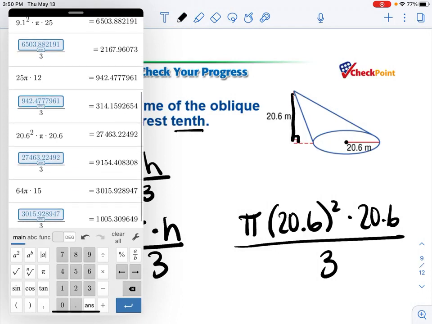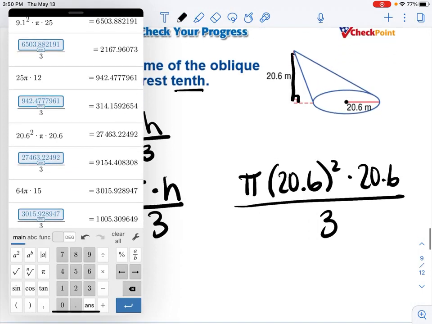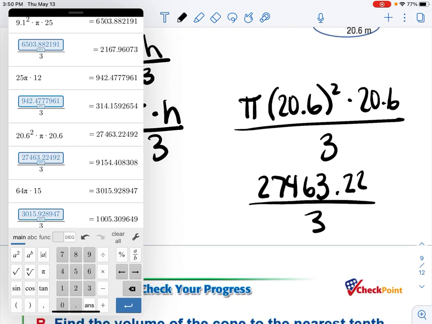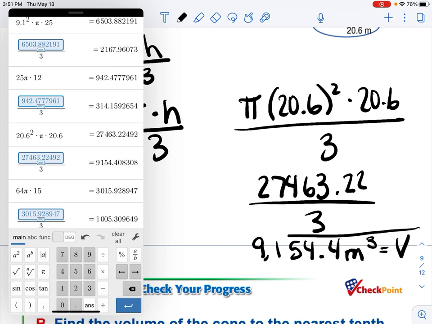So we take 20.6 squared times pi times 20.6. You get a pretty big number, 27,463.22. And then you divide that by 3 and you get 9,154.4. They went to the nearest tenth, so we call that good right there.